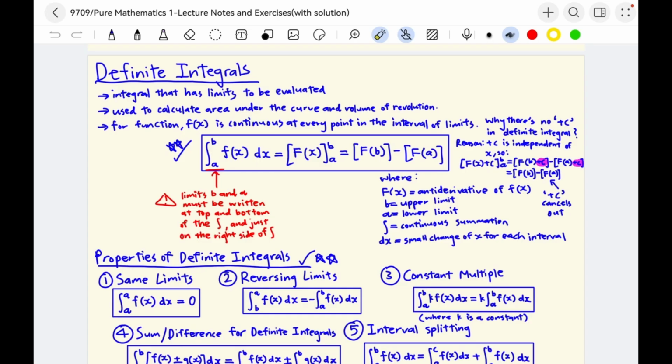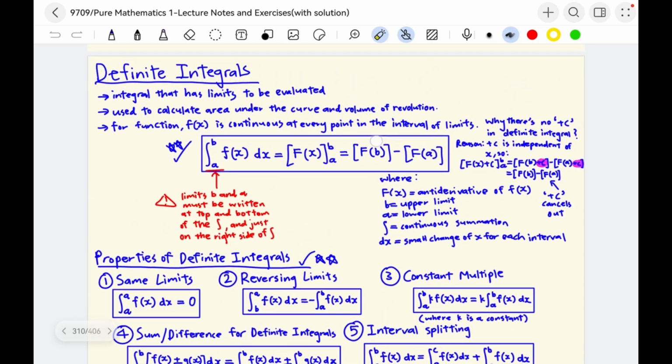It is used to calculate the area under the curve and the volume of revolution, as I have told you earlier. Integration is actually the continuous summation of the area of the strips. For this method, we can prove it by using the Riemann sum, to be explained later.